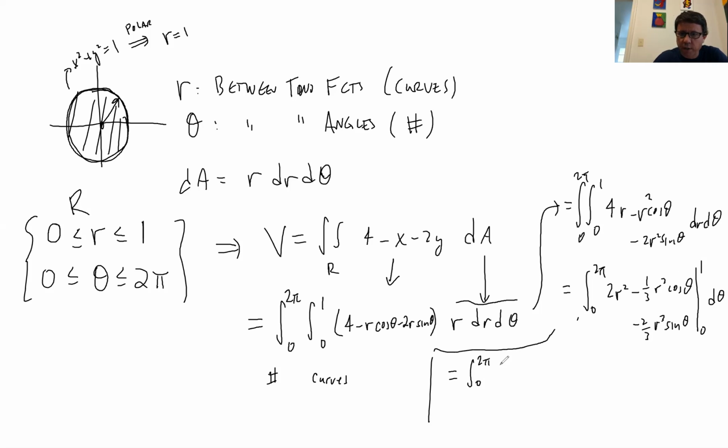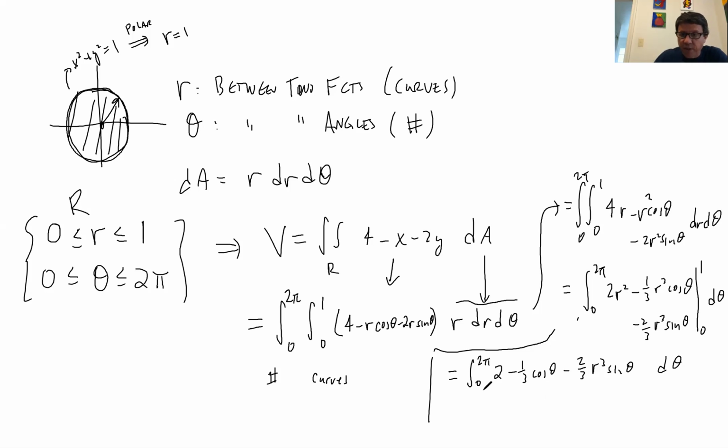We plug in 1, you'll get 2 minus 1/3 cosine minus 2/3 sine. When I plug in 0, I get nothing.